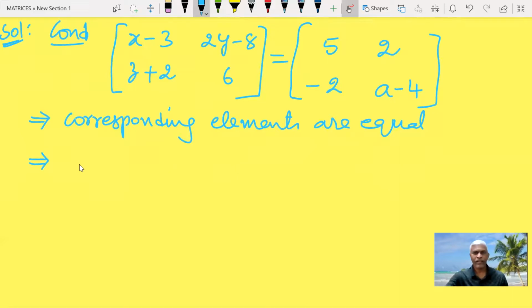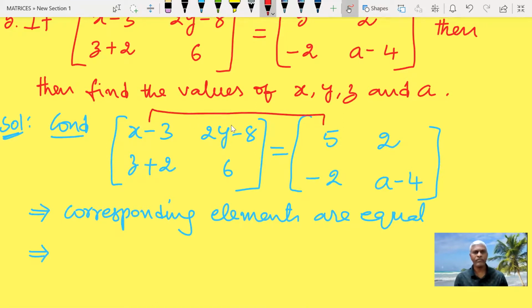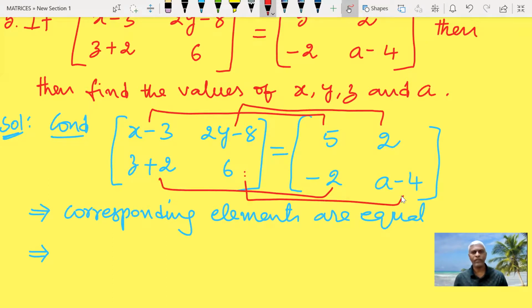x minus 3 should be equal to 5, and 2y minus 8 should be equal to 2, and 6 should be equal to this one. So these are the corresponding elements.